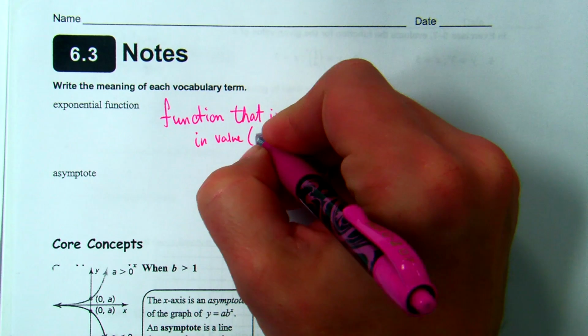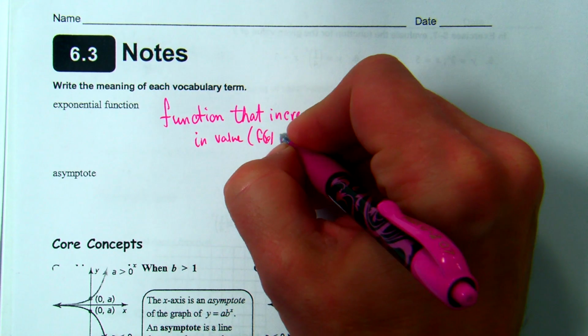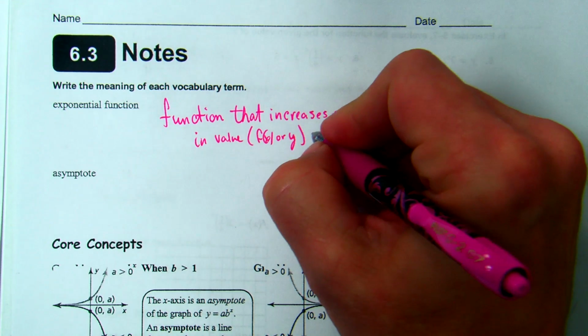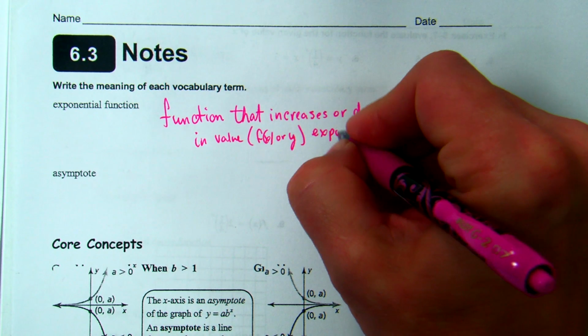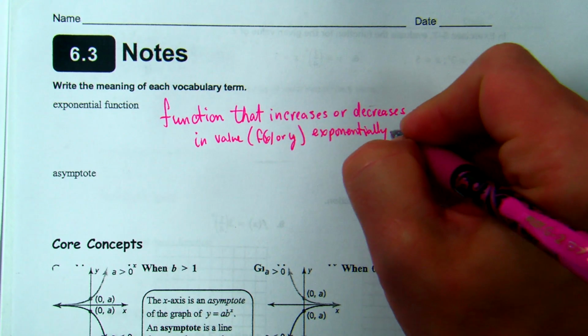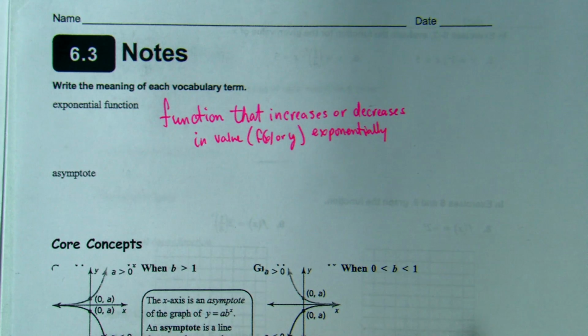And you could say this is the f of x or y value, exponentially. Okay, it's a function that is increasing or decreasing exponentially. The f of x value or the y value is increasing or decreasing exponentially.